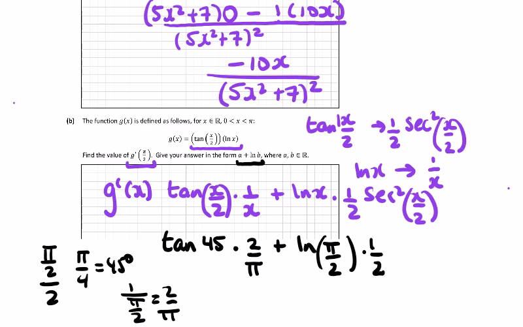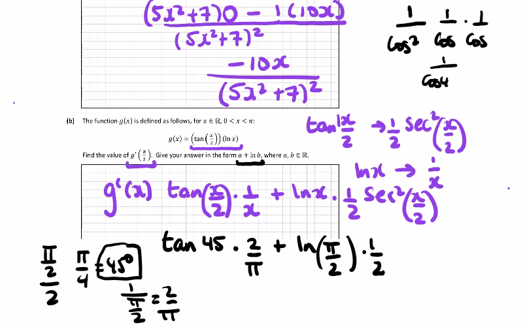Now sec squared. Sec squared is 1 over cos squared. Let me just do it up here. Sec squared is 1 over cos squared. So if we imagine 1 over cos by 1 over cos, and the angle is x over 2, it's the same angle again, so it's going to be 45 degrees. So we've got 1 over the cos of 45 by 1 over the cos of 45, which is 1 over root 2 by 1 over root 2, which is equal to 1 over 2.